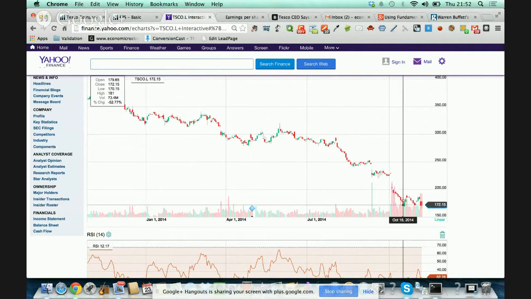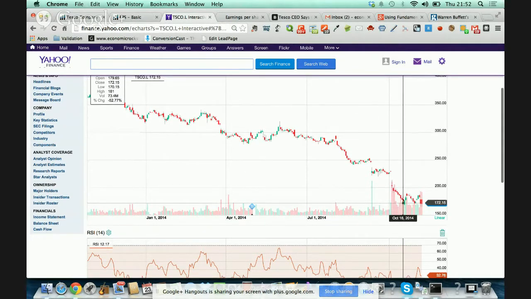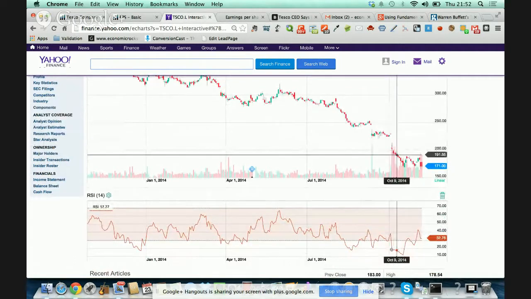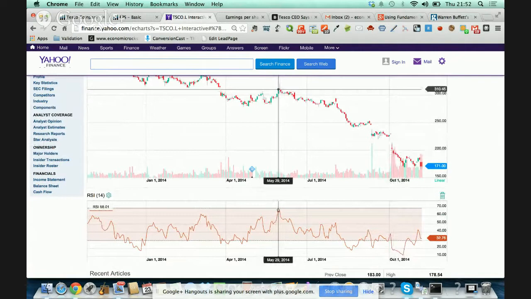So like that, there's always situations where the stock, based on the RSI, has either been oversold or overbought. Okay, so there's an overbought position in this particular stock, coinciding with a peak at that point.